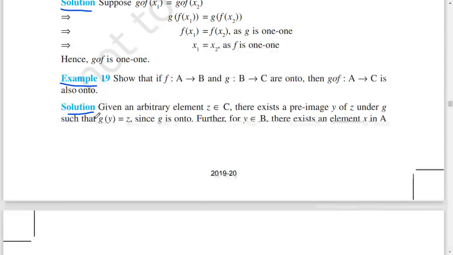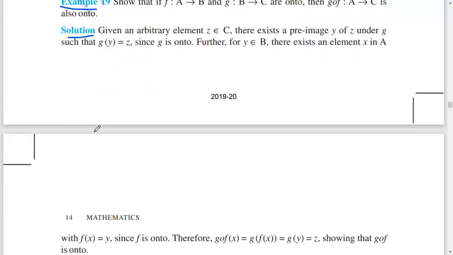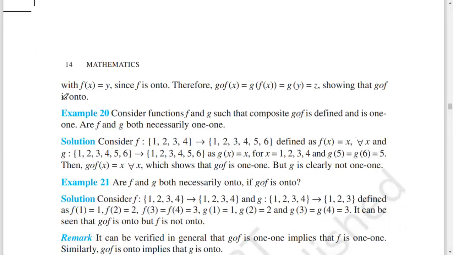Further, for y belongs to B, there exists an element x in A with f(x) = y, since f is onto. Therefore gof(x) = g(f(x)) = g(y) = z, showing that gof is onto.